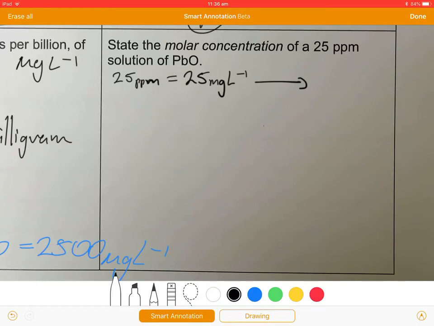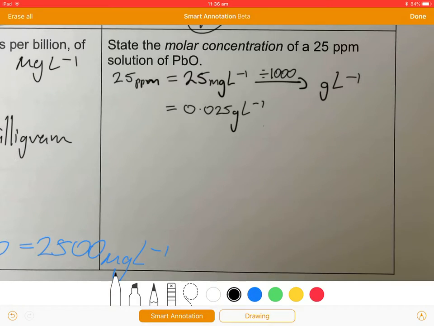First step, let's convert that to grams per litre. So if there's 1,000 milligrams in a gram, that means we're going to divide this number by 1,000, which means that we'll get 0.025 grams per litre.